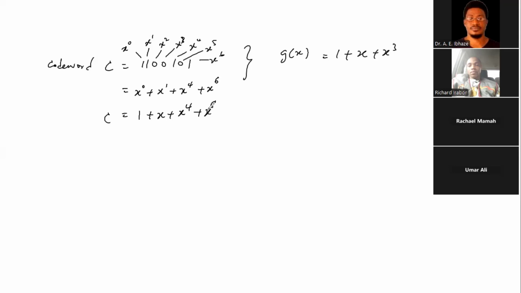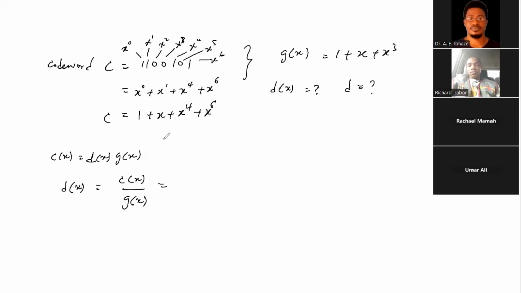Okay. Now, if that is clear, we know that the code word polynomial is the same as the data word polynomial times the generator polynomial. So to evaluate the data word, or D, in binary, the data word will be the code word polynomial divided by the generator polynomial.